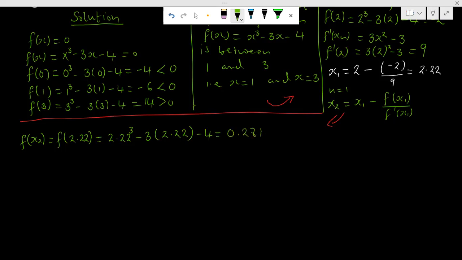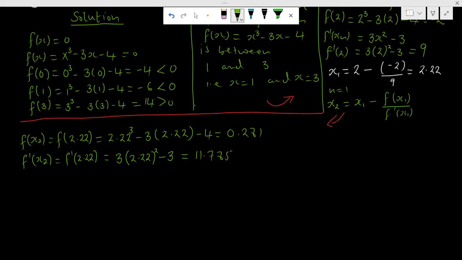And then f prime at x2 will be equal to f prime at 2.22, which is equal to 3 times 2.22 squared minus 3. And this will give a value of 11.785.